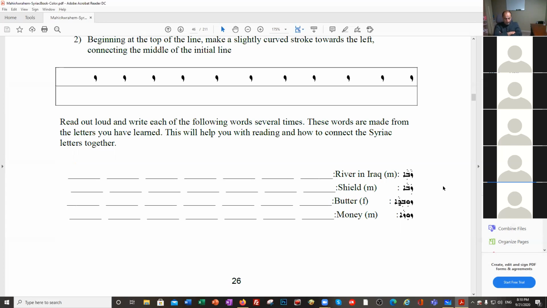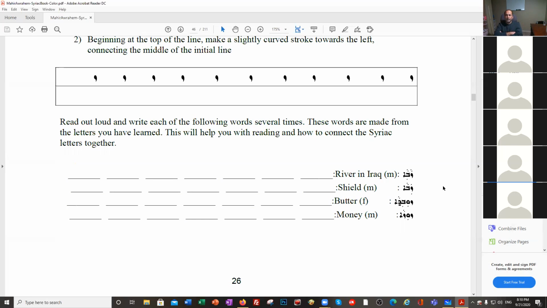So can anyone read it for me? Zabba? Zabba, yes.